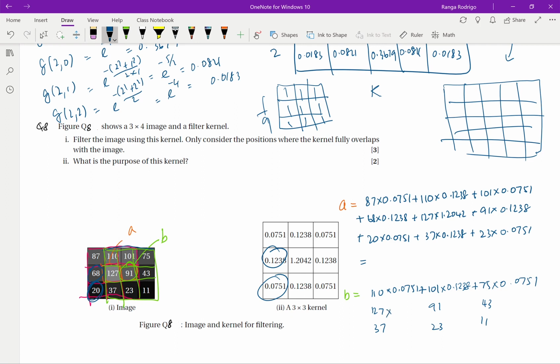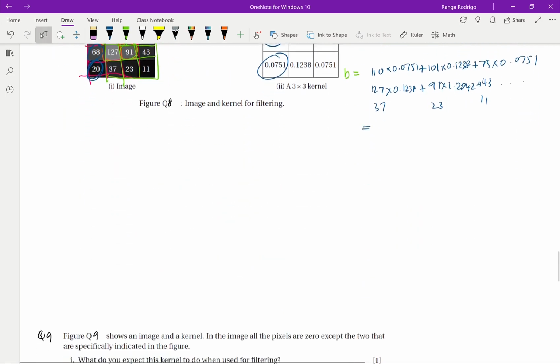So this multiplied by 0.1238, 91 multiplied by 1.2042, and so on. And then you have to sum them up and write the answer. Okay.